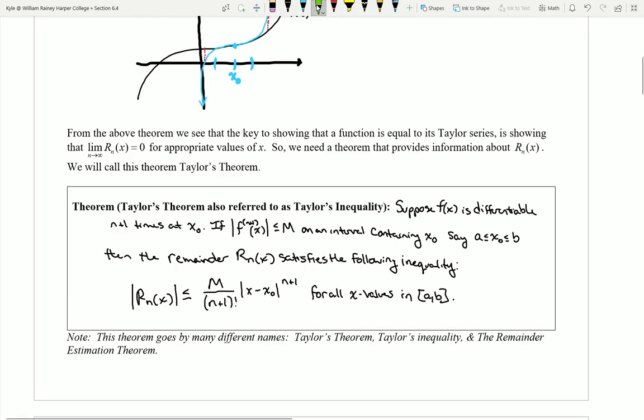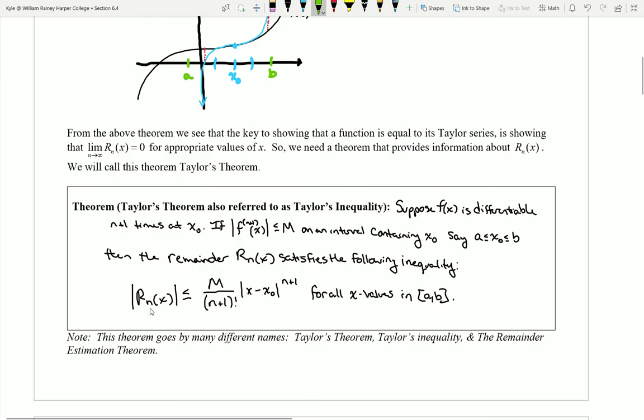Maybe I could create an interval up here that says from a over to b. And so maybe on this interval, I have the ability to estimate what the sizes of the gaps are going to be. And notice that can be done without ever creating the actual Taylor polynomial.